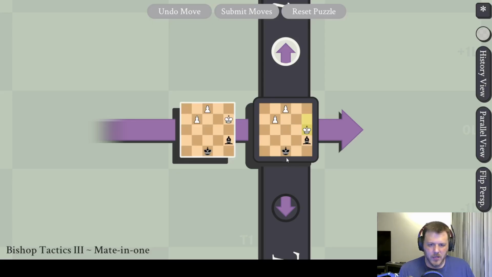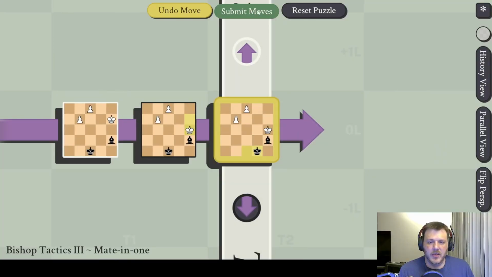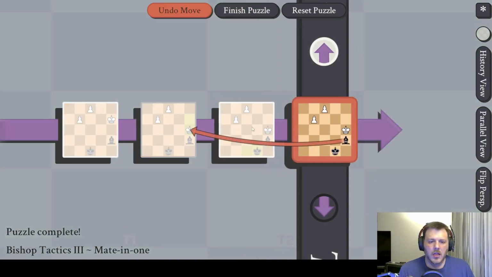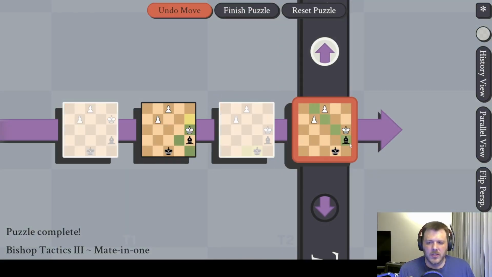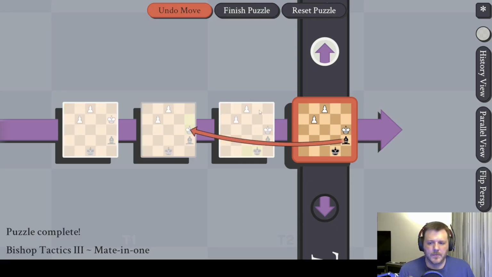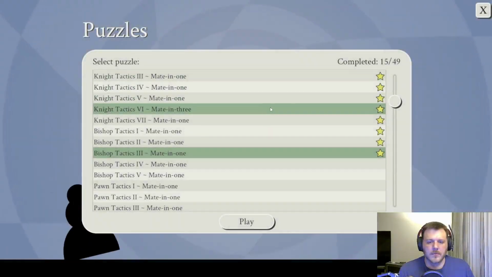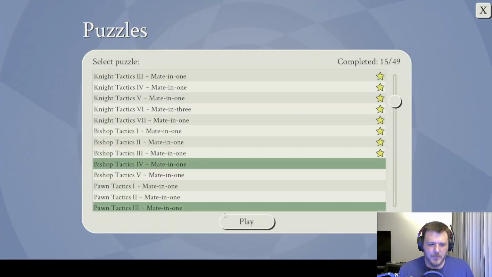This is a mate in 1. I think if I just protect the bishop, that should do it. Yep. So as long as he couldn't take the bishop, that was it. That was a simple enough one.